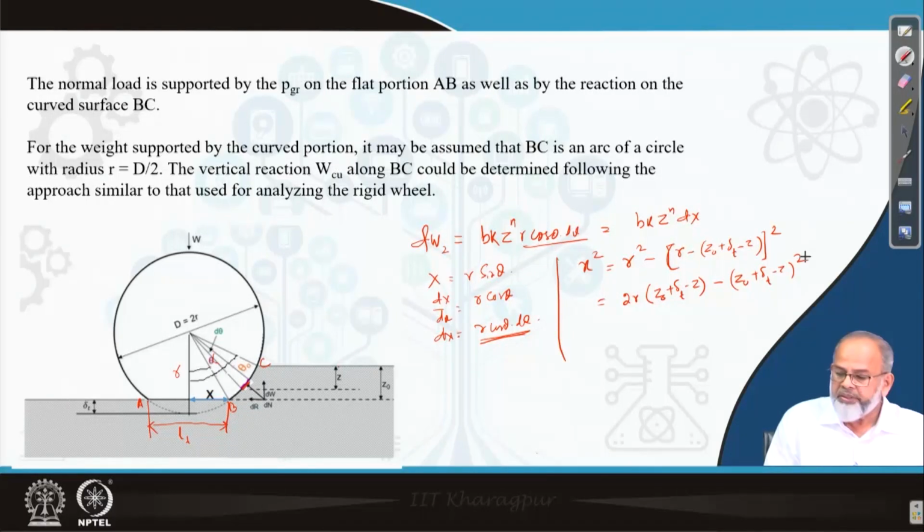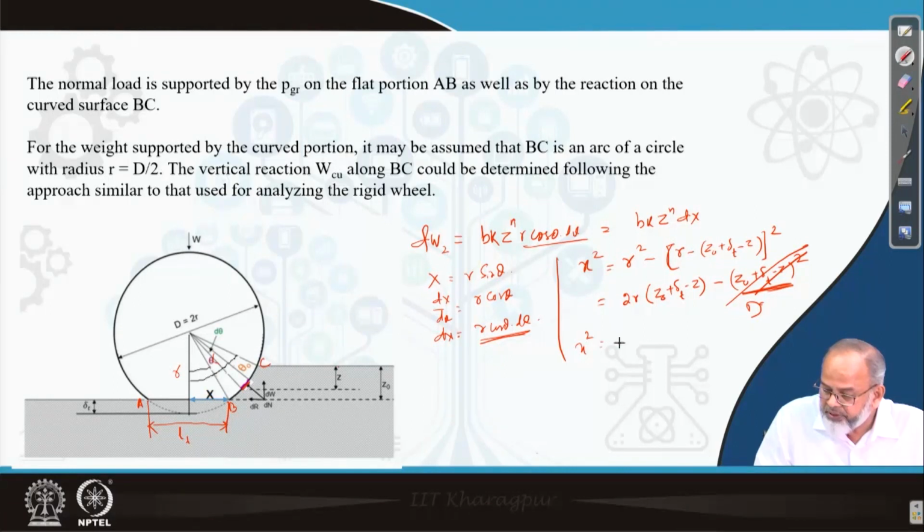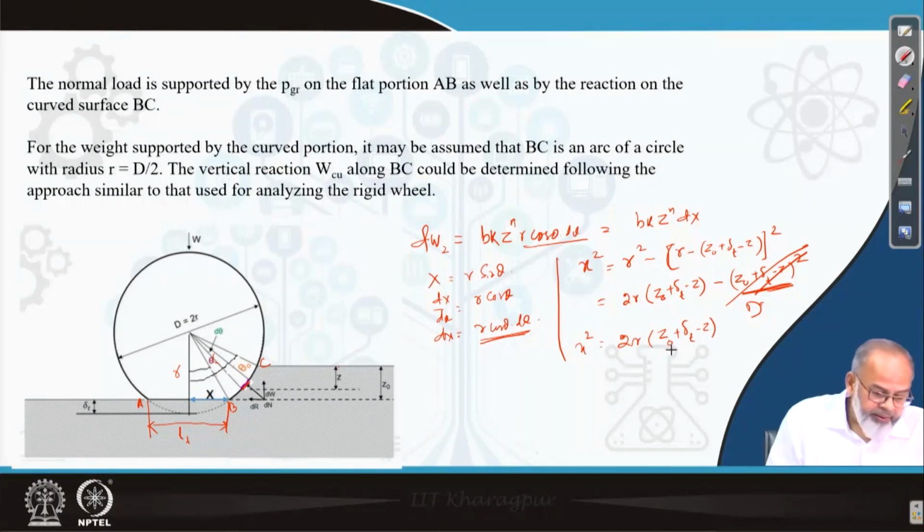Now for this expression, the square term with respect to the diameter is very low, so you can neglect this. So we can approximate x square as equal to twice r into z0 plus delta t minus z.